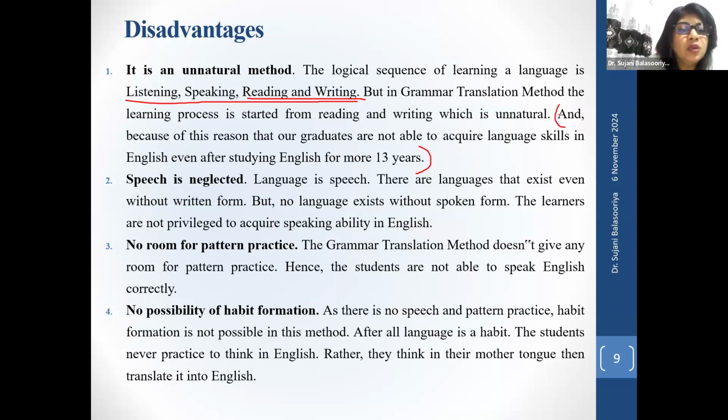Then there is no room for pattern practice, right? The GTM method doesn't give any room for practicing patterns. Hence, the students are not able to speak English correctly. Pattern practice is also related to speaking, right?